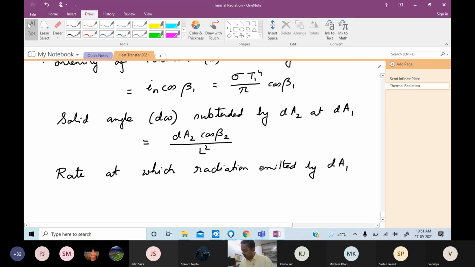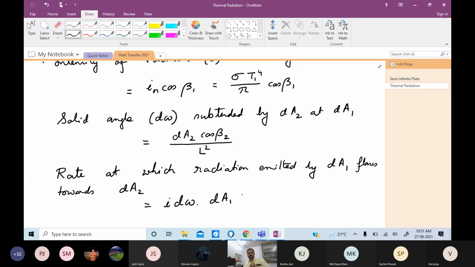Radiation by dA1 flows towards dA2. What would that be? I d omega dA1, because the intensity of radiation in the direction of A2 is I d omega, and to find the total radiation that has to be multiplied by the area dA1.